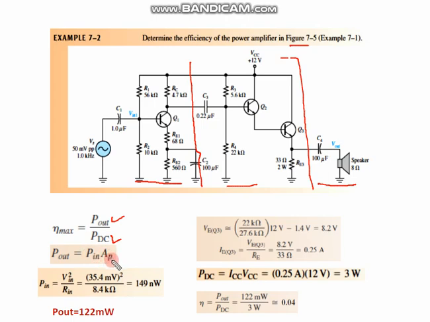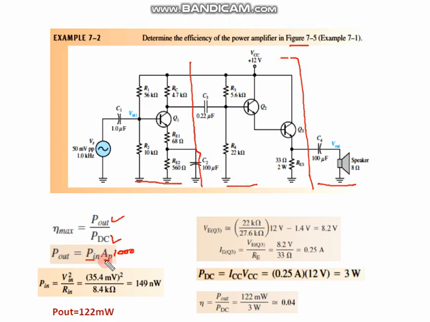But since I know from the previous part the power gain AP, let's suppose it was calculated as 1,000, I can also use VC and IC, take the product, and convert into RMS with 0.707 VC and 0.707 IC.